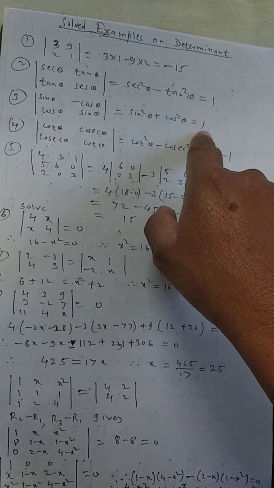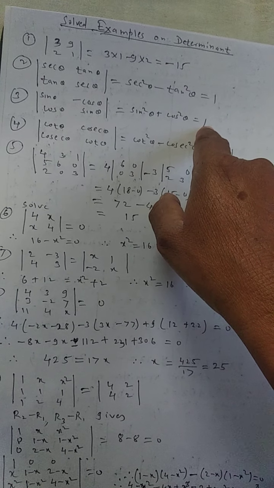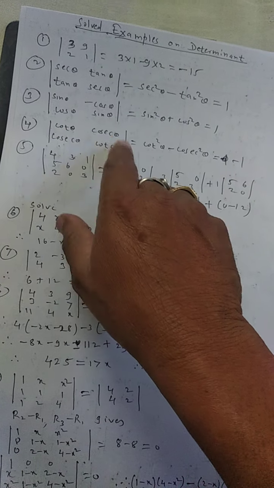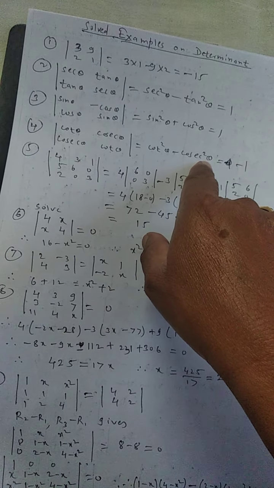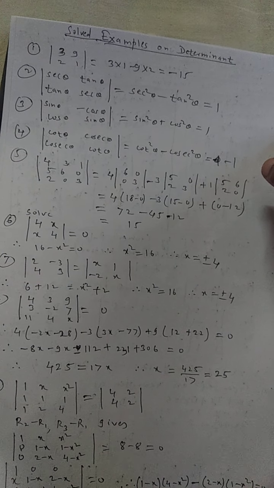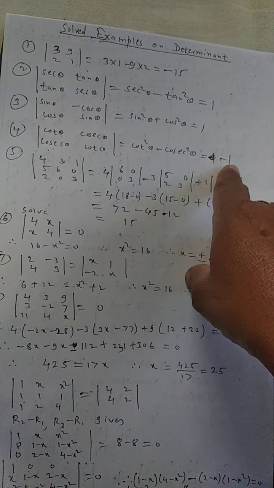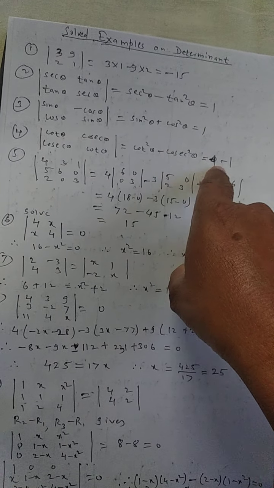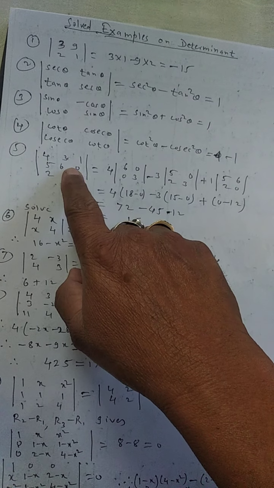Again, one of the identities of trigonometry gives the answer as 1. Cot theta, cosec theta, cot theta, that is cot square theta minus cosec square theta, and 1 plus cot square theta equal to cosec square theta is our identity, and by using that identity the value of this one is minus 1.